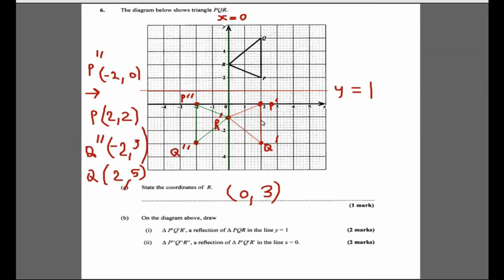Generally, we could just say it's a 180 degrees clockwise rotation about the origin, but because it's now the line y equals 1, it's different. It's just a 180 degree clockwise rotation, but it's not about the origin anymore because of this line y equals 1. So let us see.